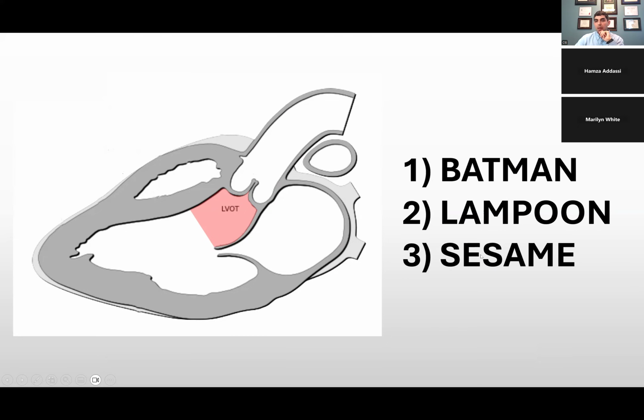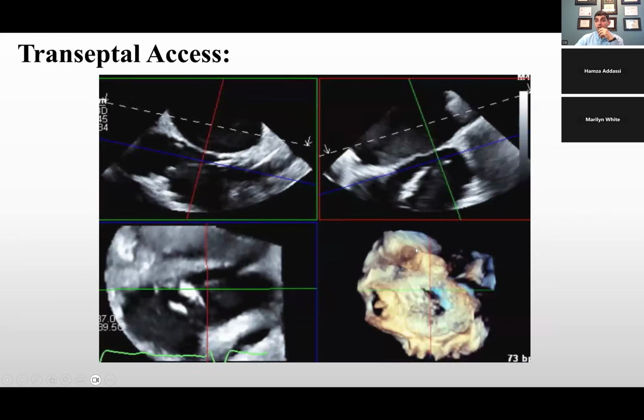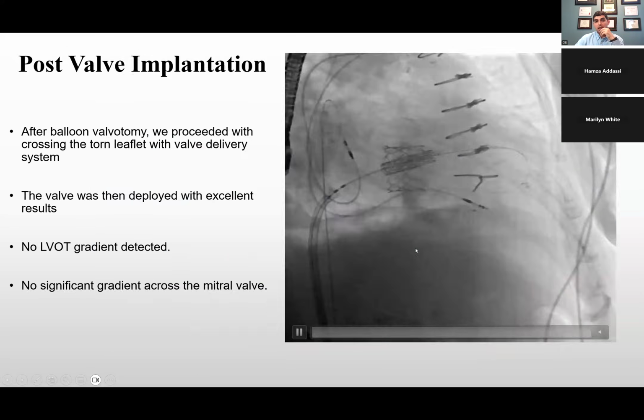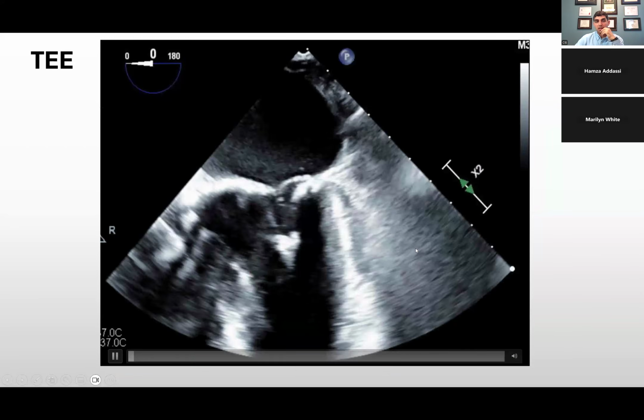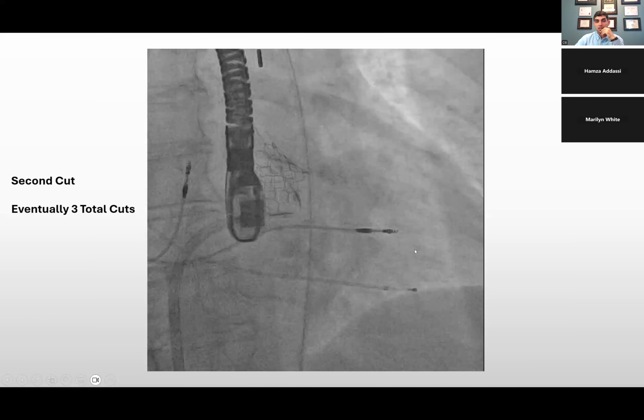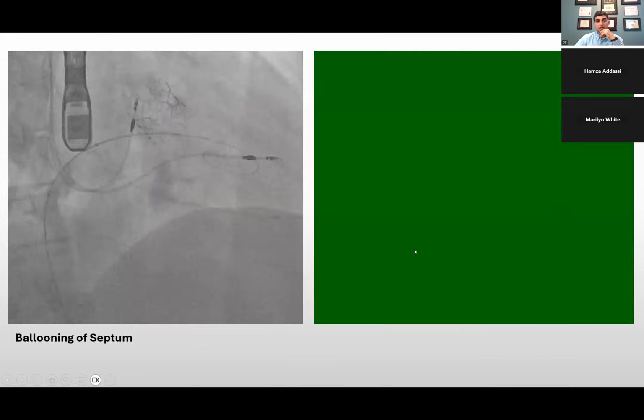So the Batman and Lampoon were ways to destroy or open this leaflet. Sesame is the opposite. Sesame is when you come down through this valve, puncture the septum, and then rip the septum. So doing a septectomy without actually opening the patient's chest. And there's only 3 centers, I think, in all of the US that does this because it's a very risky procedure.